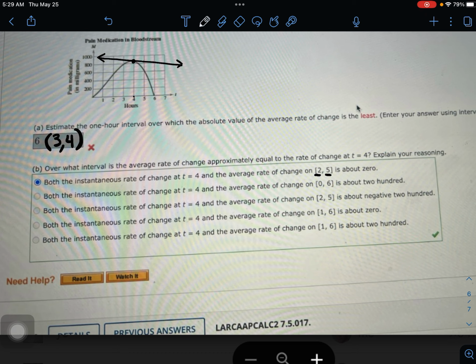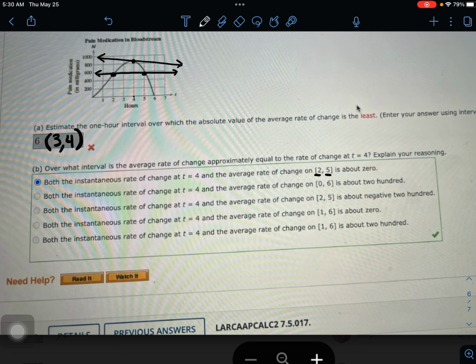Well, if I go up from the 2 and hit the graph, it's about right there. If I go up from the 5 and hit the graph, it's about right there. And if I connect those 2 points, that's your average rate of change. Average rate of change is the slope between 2 points.